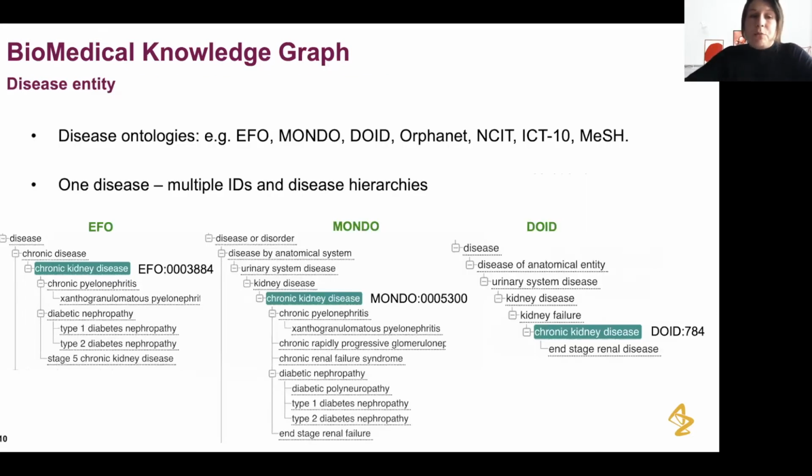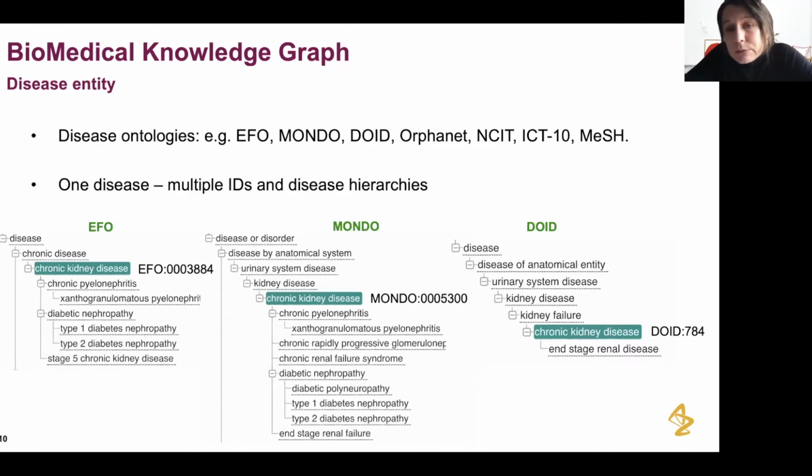Now, the story becomes even more complex. The disease entity, that's our favorite part. And we spent a lot of time with the Grakn guys trying to model it properly. Thank you very much, James, for helping with this. So the problem is that for diseases, we have multiple ontologies that exist.